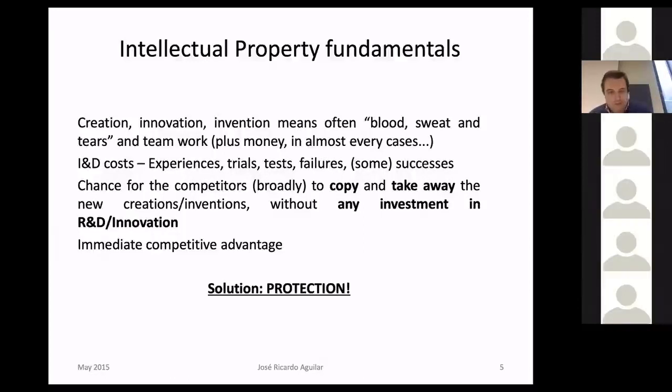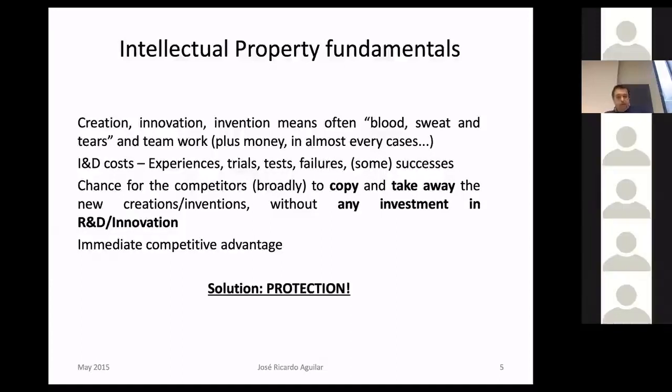So all that time is the time and the cost that we have to spend to have something new. And if we don't care about protection, what can happen is that someone around us, someone more aggressive, with a lesser degree of ethics, can steal things from us, can copy our work and get immediately to the market and take this immediate competitive advantage with him.